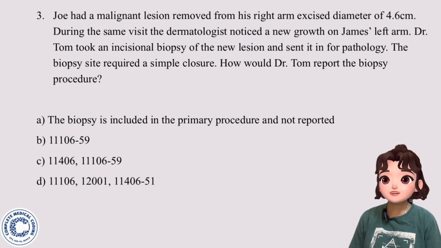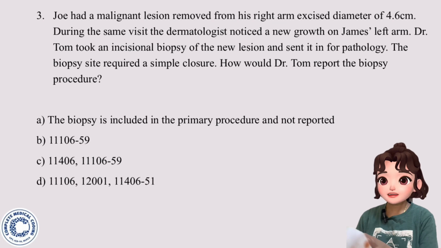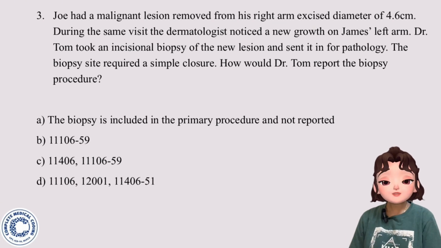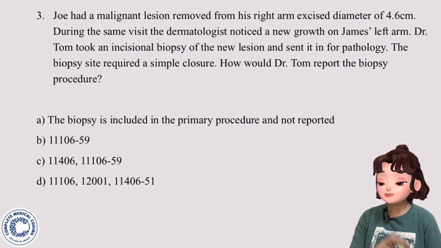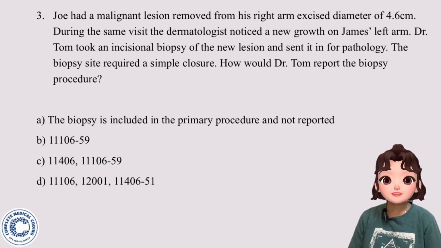Now, if you go to option D, 11106 is there along with 12001. What is 12001? 12001 is simple repair of superficial wounds of scalp, neck, axilla, external genitalia, trunk, extremities, hands and foot. This is what I was telling you. Since simple repair is already included in the biopsy procedure, you don't have to code it separately.